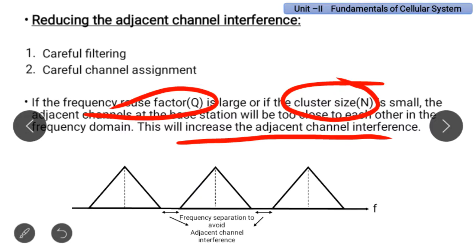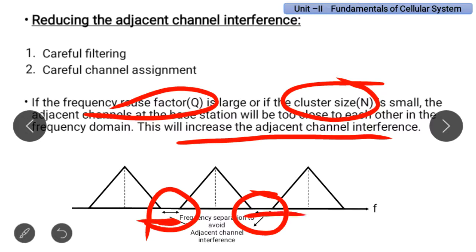What will we do to avoid adjacent channel interference? Here a guard band is used. Some distance is maintained between two cells.